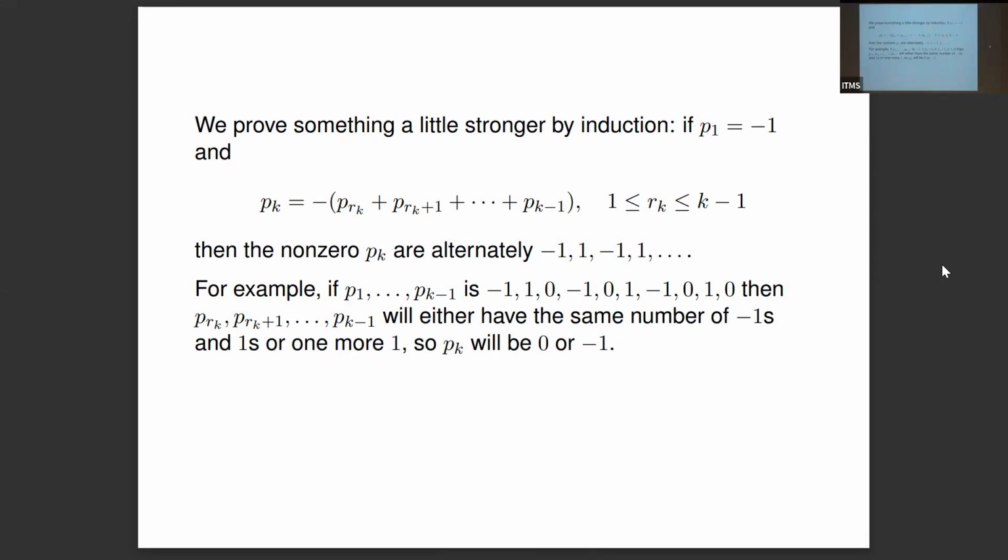Either there are the same number of -1s as 1s, in which case the sum is 0, or there's one more than the other. Since our sum always ends here, if there are any non-zero terms in our sum, the last non-zero term will be a 1. And that means that the sum, if it's not 0, has to be 1. And because we have this minus sign, the next term of my sequence will be -1.